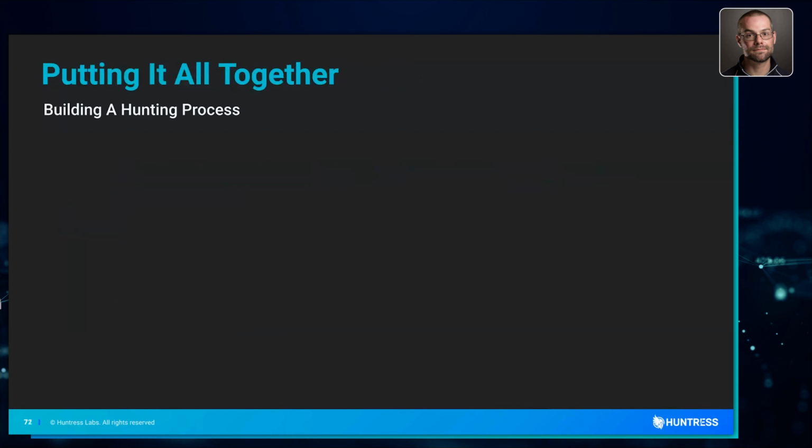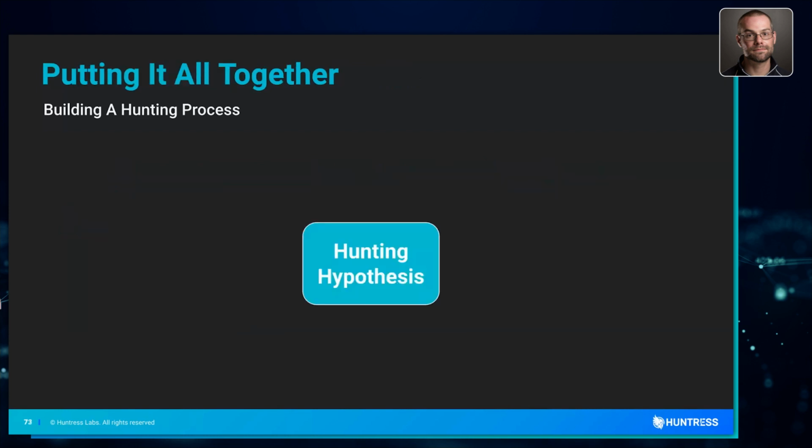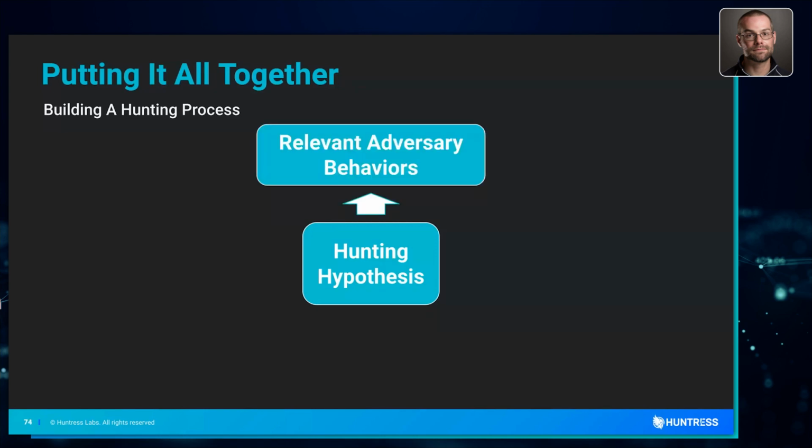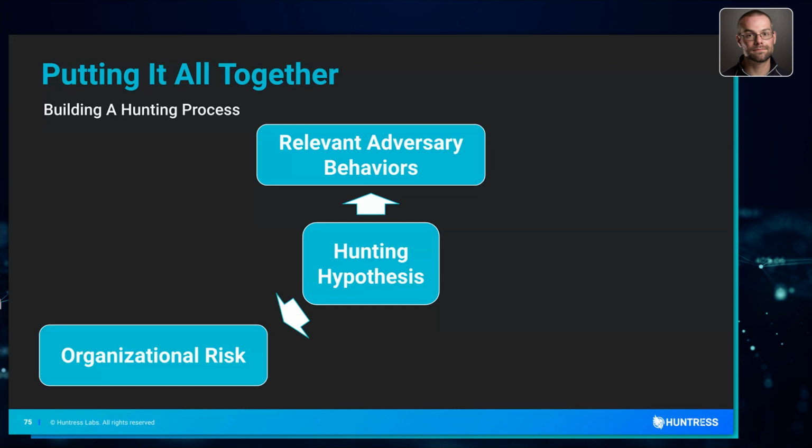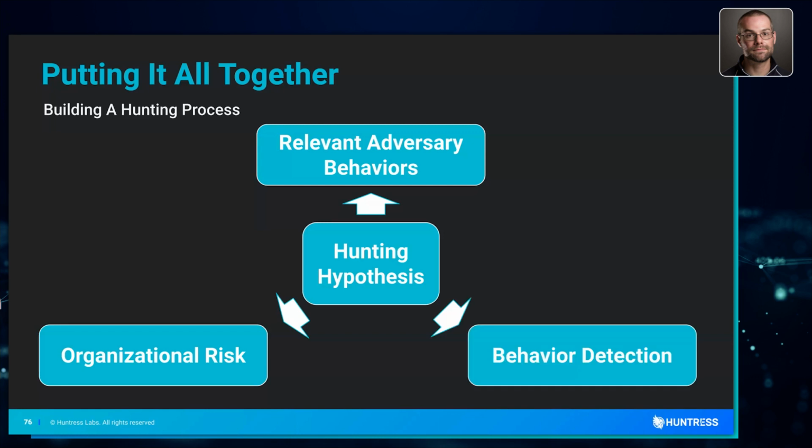So in putting all of this together, our hunting hypothesis consists of several interlocked components. Understanding the relevant adversary behaviors, what threat actors are doing right now in order to victimize organizations, understanding the risks that the organization faces relevant to those threat actors, and then based upon this, coming up with ways of identifying behaviors of interest in the data sources that are available to us.